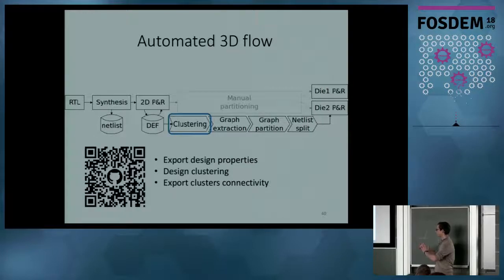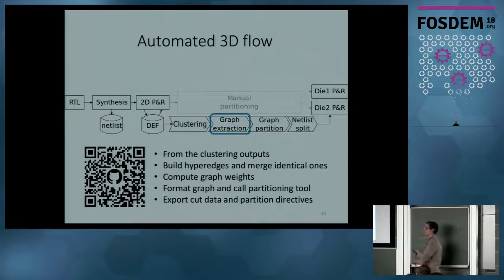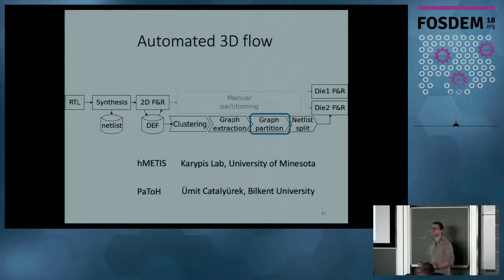And once the design has been clustered, it's sent to the graph extraction algorithm, also homemade in this case. It works on the graph, extracts some information, sets the weights and the objectives for the graph partitioning, and formats the design so that it can be read by graph partitioning tools. Those were not homemade, because there are really great partitioning tools that already exist out there. So no reason to make our own.